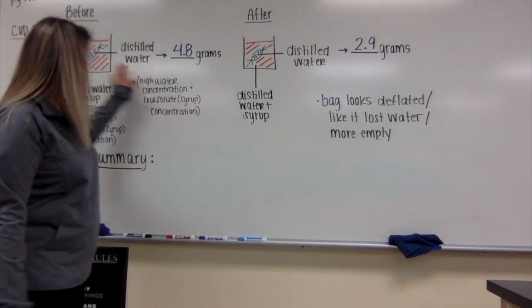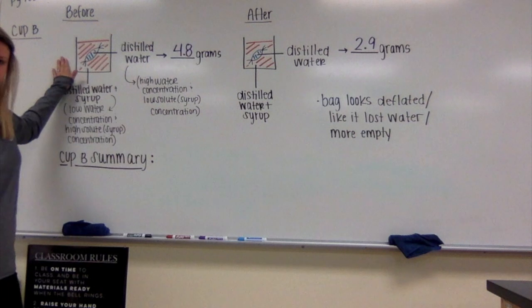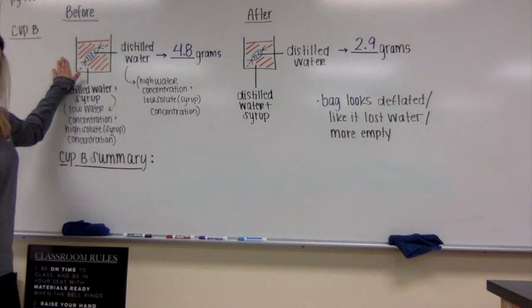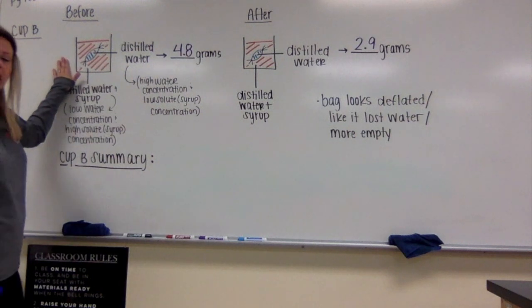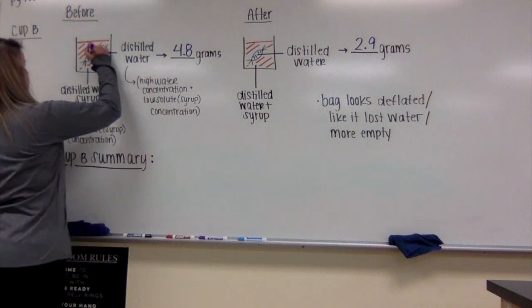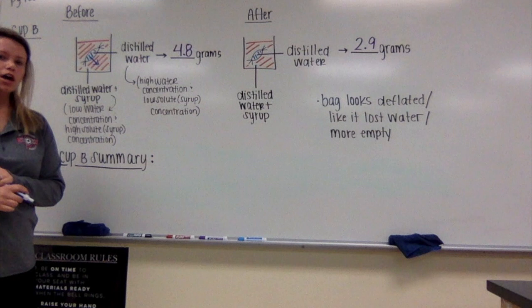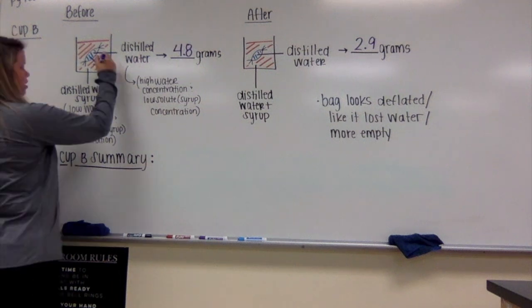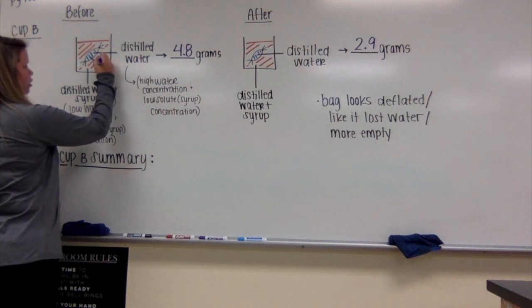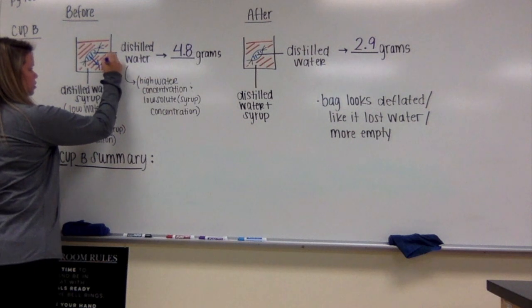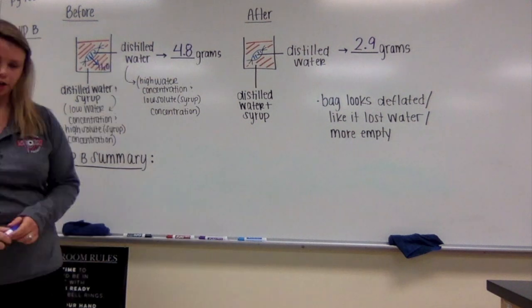So, in our before picture, we're going to draw an arrow coming out of the dialysis tubing bag. And we are going to label at the end of that arrow H2O for water.